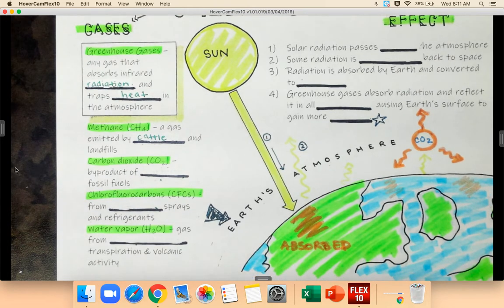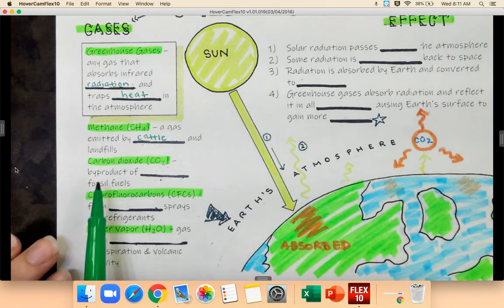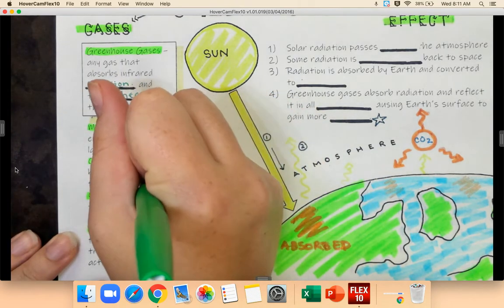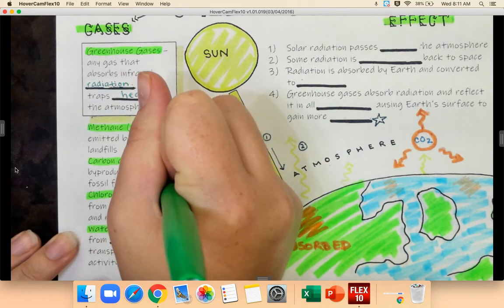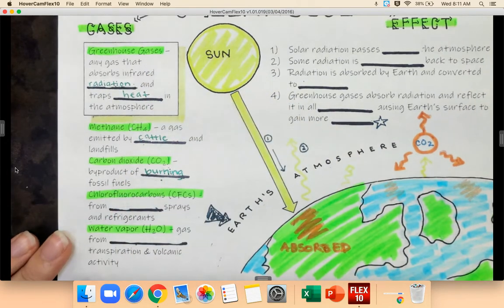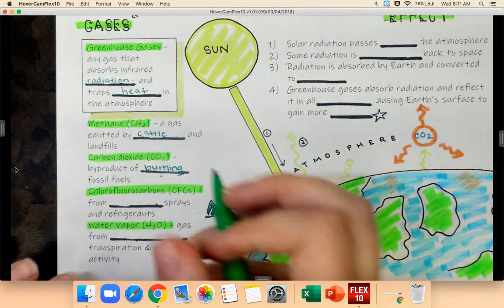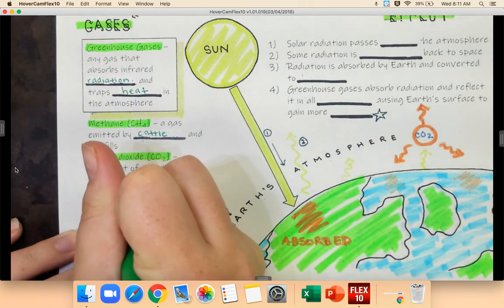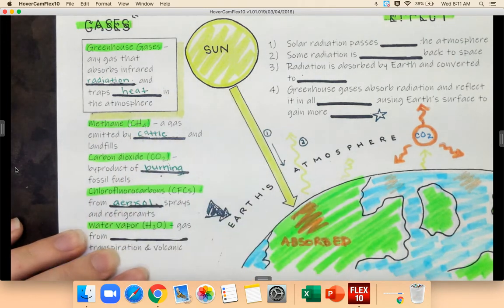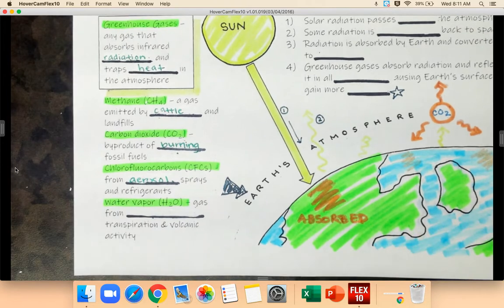Then we have carbon dioxide, which is probably a little common and familiar to you. This is a byproduct of burning fossil fuels. Then we have this really long word, chlorofluorocarbons. And these come from aerosol sprays and refrigerants.